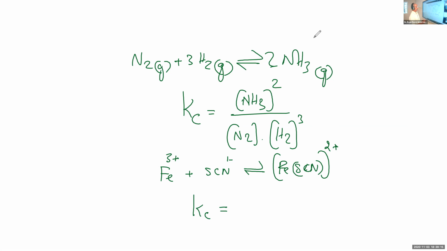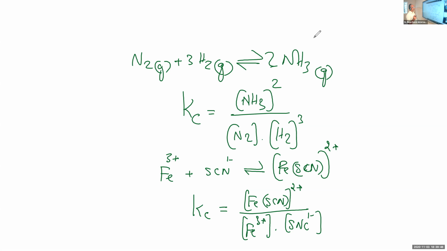Equilibrium constant Kc is equal to concentration of FeSCN2+, only one ion is there, divided by concentration of Fe3+, only one ion, into, wherever there is a plus, you write into, then concentration of SCN-, only one ion is there.